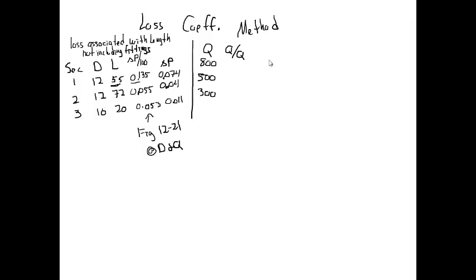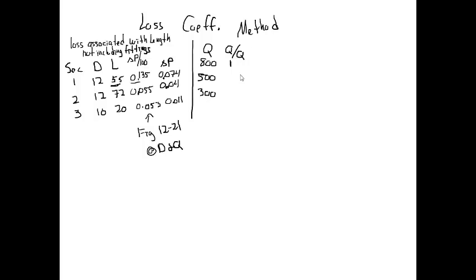So for example, if we're looking at section 1, there is no section prior to that, so that would basically be 800 over 800, which would be 1. For section 2, section 1 is flowing into section 2, so that would basically be 0.3. Sorry, this would be 3/8 for section 3, right? Because we have 300.